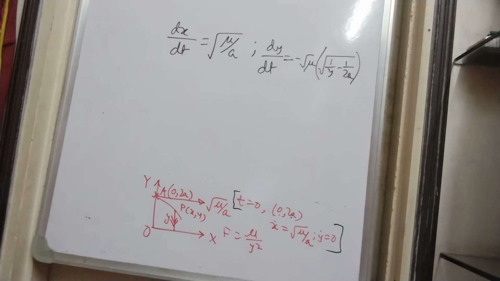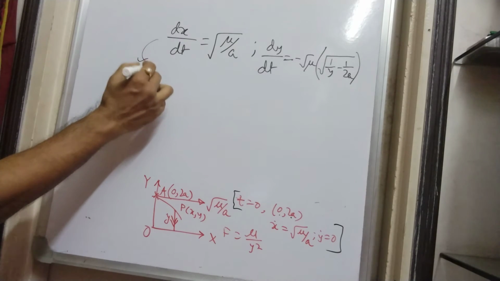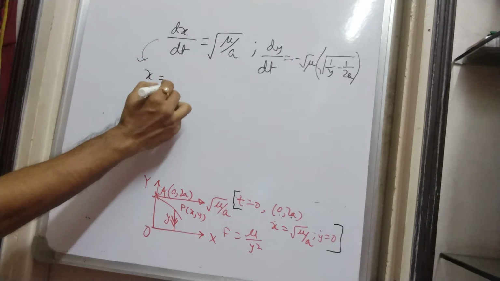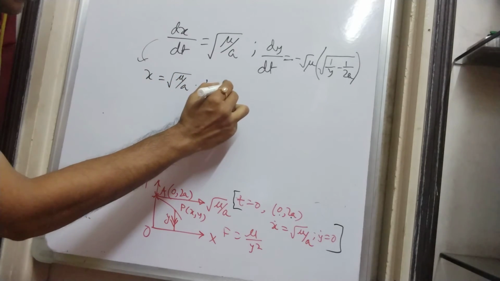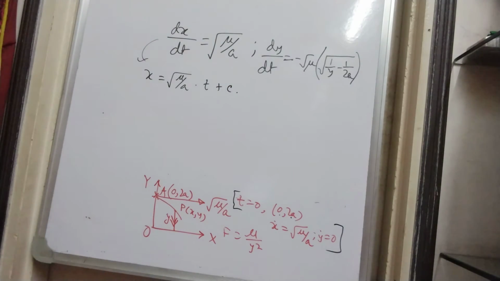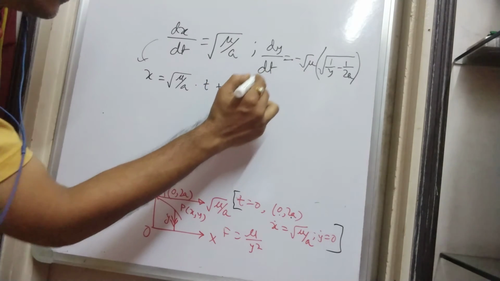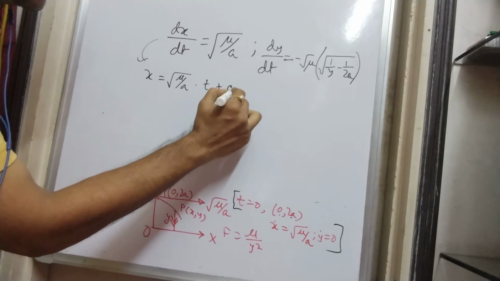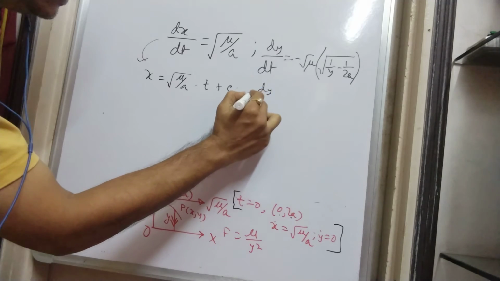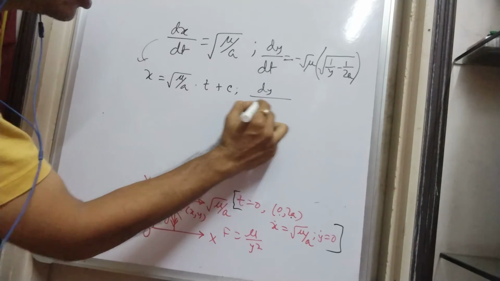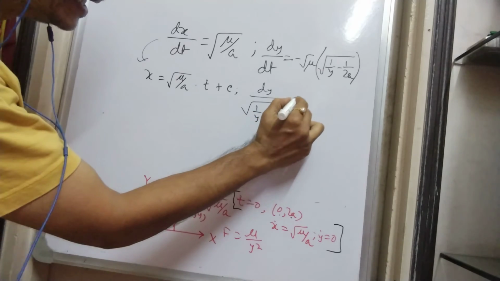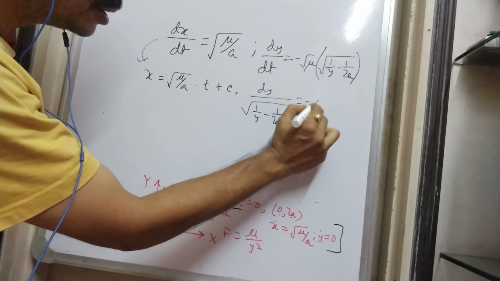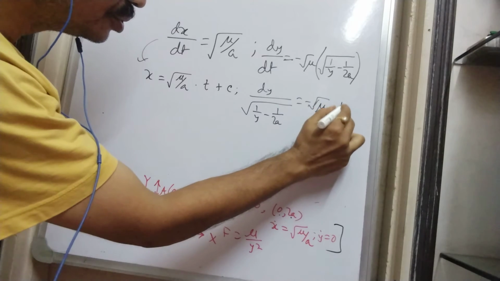And now we will have to integrate these two. So this is quite easy. If we integrate this, it gives out into t plus some constant, since this is a constant. And what about this? We will have to integrate dy by root over 1 by y minus 1 by 2a, and here we have root mu into dt.